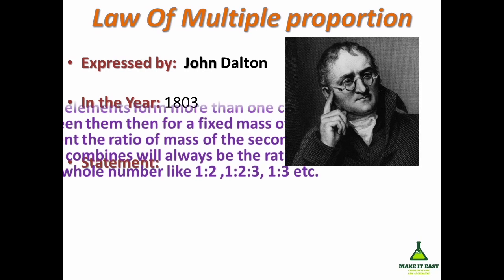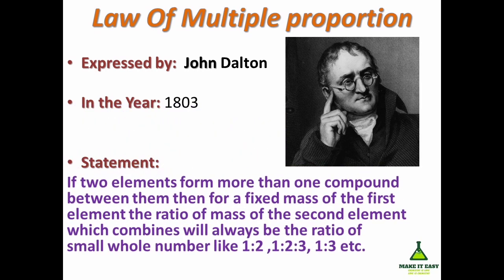It tells us that if two elements combine to form more than one compound, for the fixed mass of the first element, the ratio of mass of the second element will always be in a small whole number ratio, like 1:2, 1:3, 1:2:3, etc.